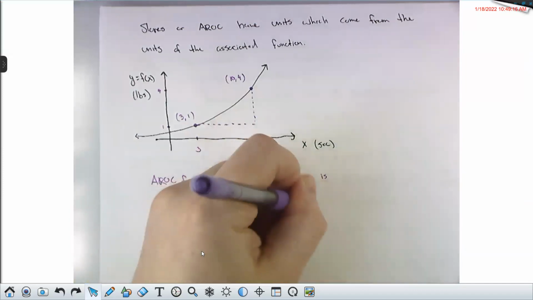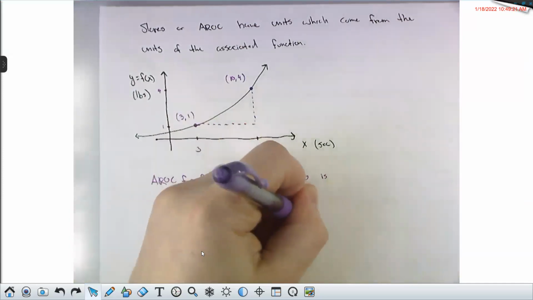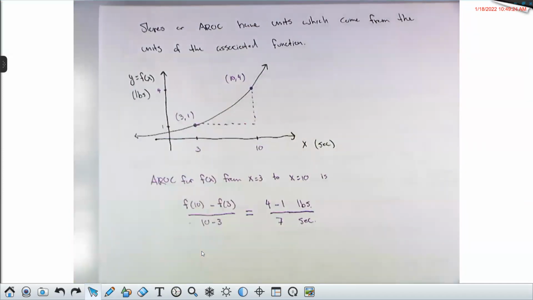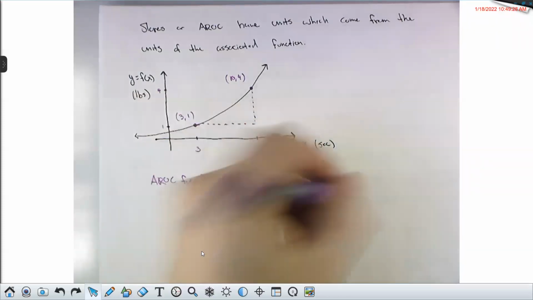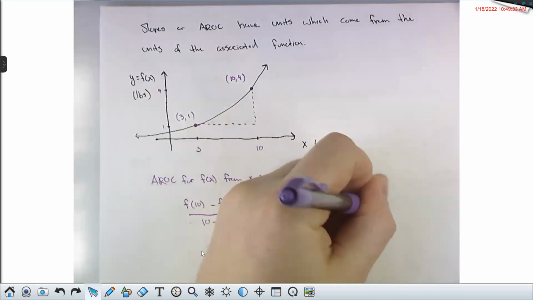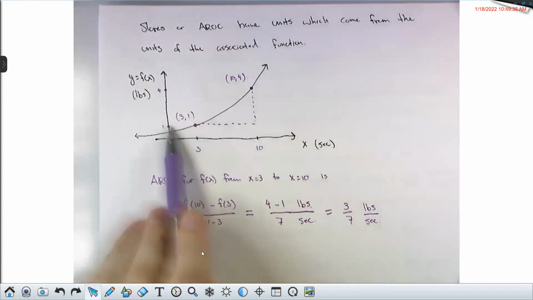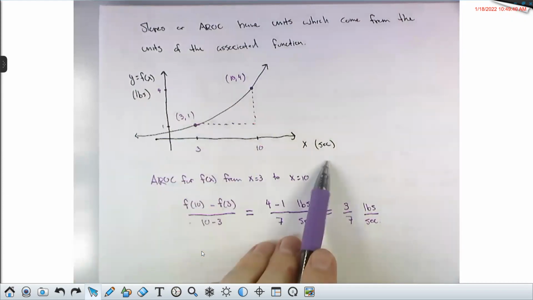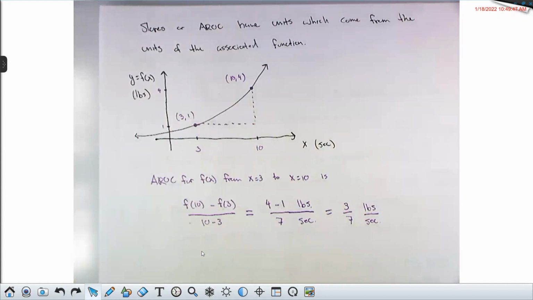The top here is measured in pounds, and the bottom here is measured in seconds. So altogether, this is 3/7 pounds per second. Whatever this thing is measuring, it's measuring the weight of something over some time. That weight is increasing by 3 pounds every 7 seconds, or 3/7 of a pound per second.